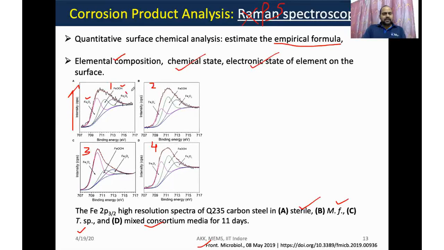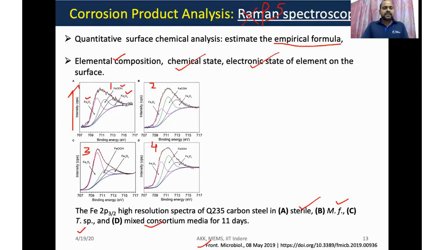So within the overall peak, 3 kinds of phases will be there. Therefore we are not getting a very symmetric peak. Asymmetry means there are different kinds of bindings, right? So they have fitted it and correspond to the area covered by this fitting.